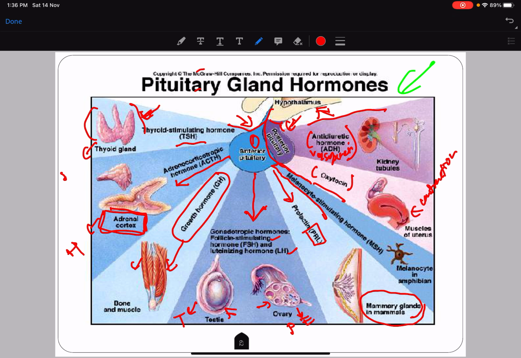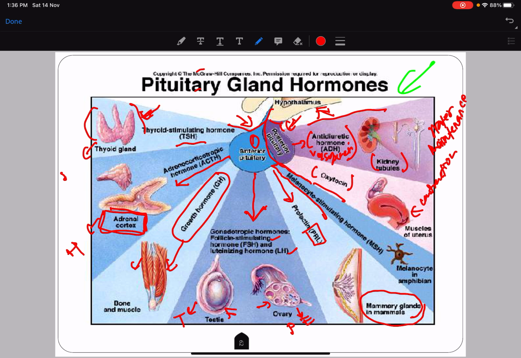The posterior pituitary secretes ADH, antidiuretic hormone, which travels through the blood to the kidney tubules for water maintenance.